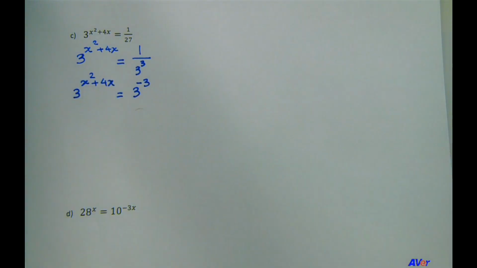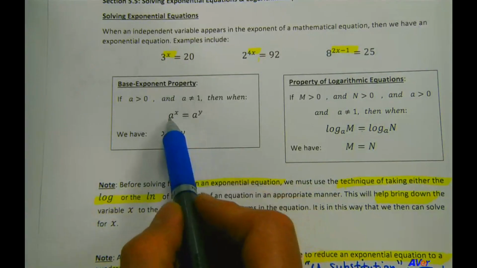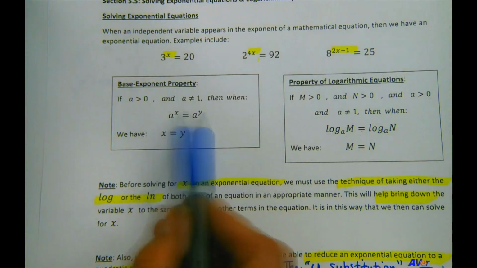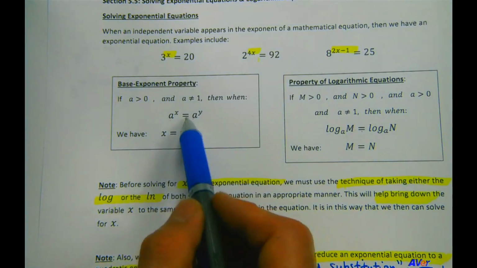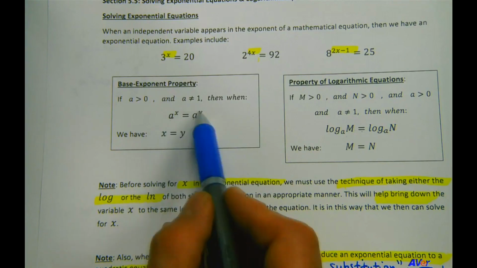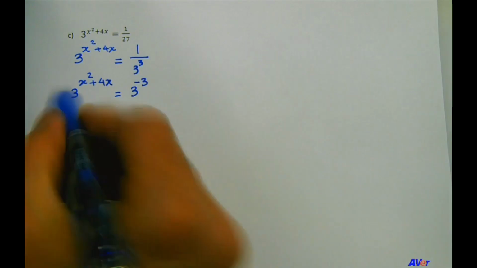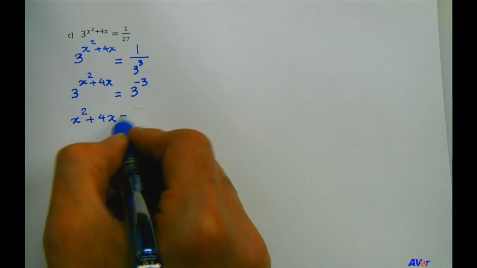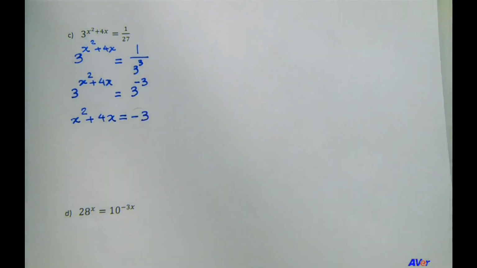Remember the base exponent property, that if the bases are equal, then the powers x equals y. Because that's the only way the two sides can be equal. If the bases are equal, then the powers must be equal. Okay? So that means x squared plus 4x must be equal to minus 3. Okay? I hope this is making sense.